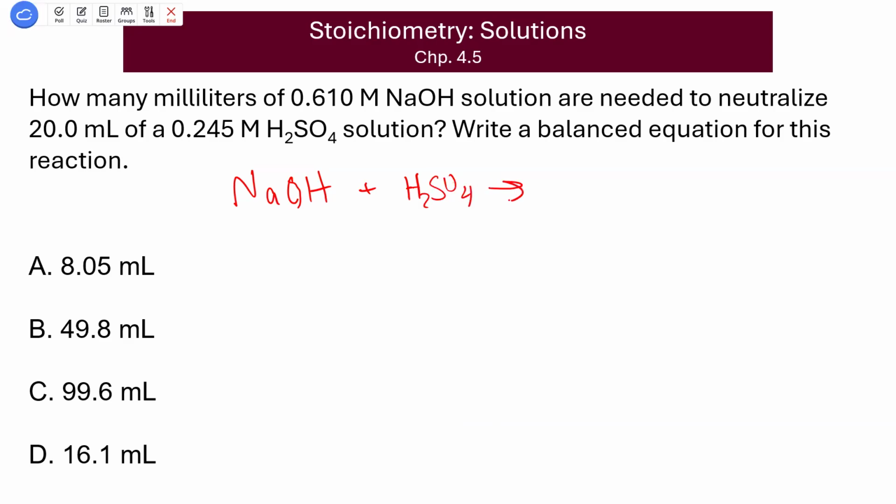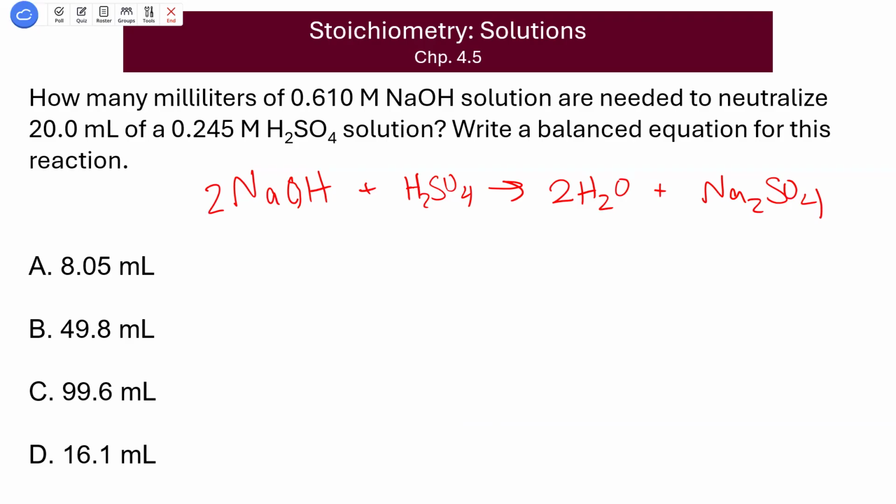And that's forming water, and that's forming sodium sulfate. And to balance this, you need 2 sodium hydroxides for every 1 mole of H2SO4.